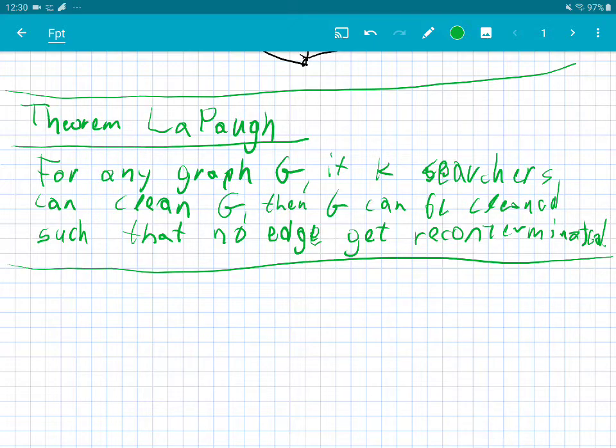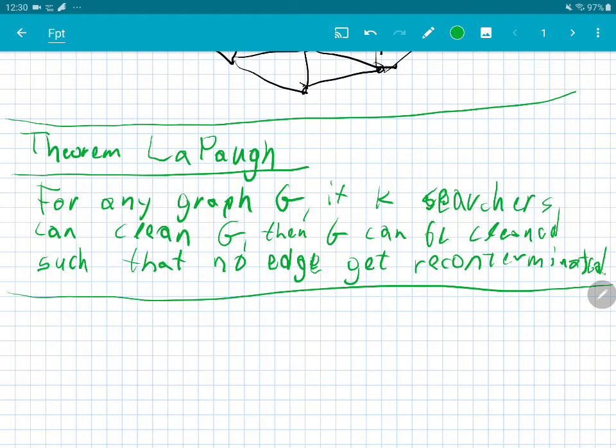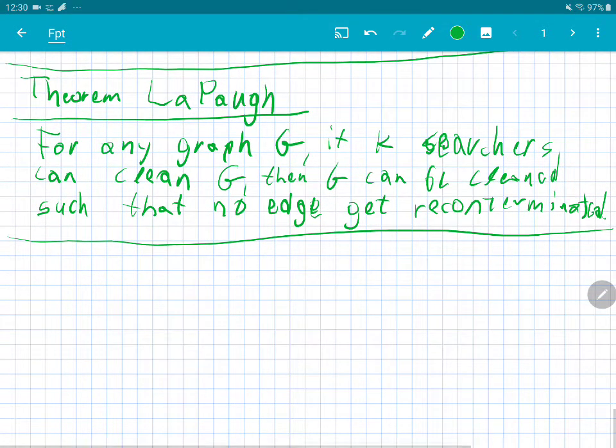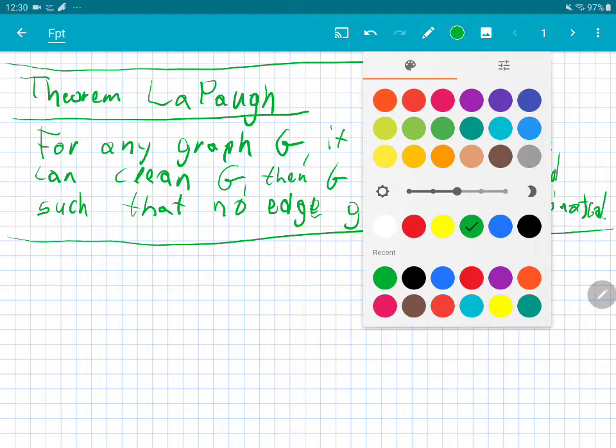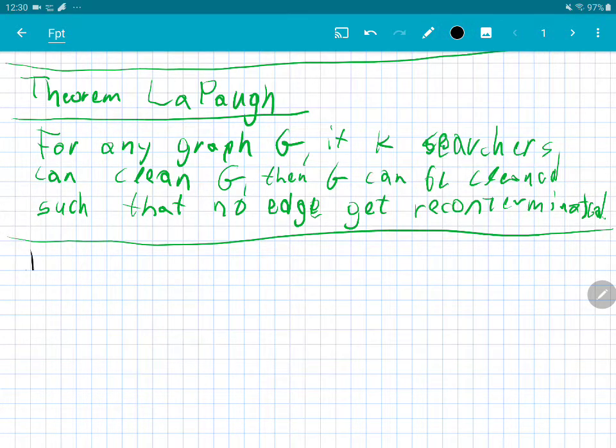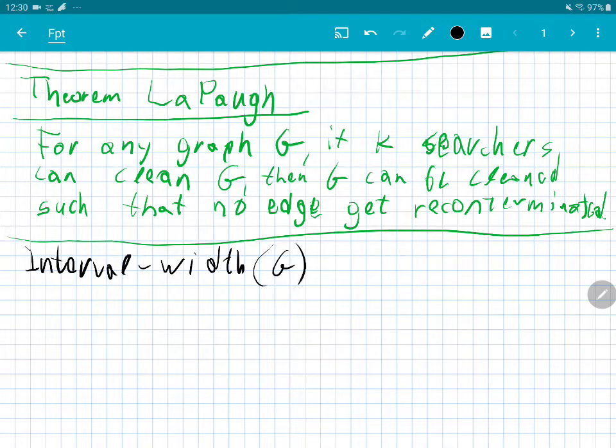Okay, and now we want to define this notion of interval width of a graph. So interval width of a graph is intuitively the smallest width interval graph that contains G, right?